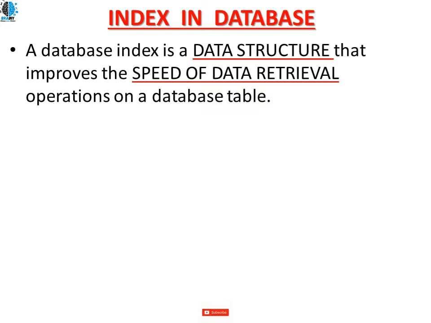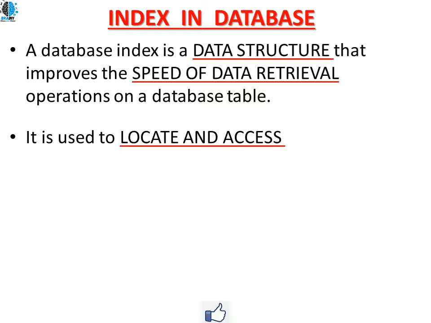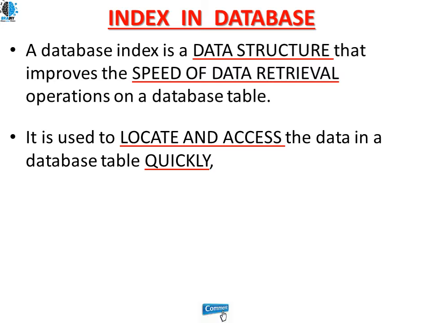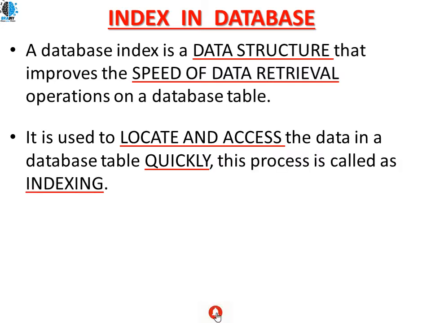So a database index is a data structure that improves the speed of data retrieval operations on a database table. It is used to locate and access the data in a database table quickly. This process is called indexing. It is not going to do anything more, just the indexing.